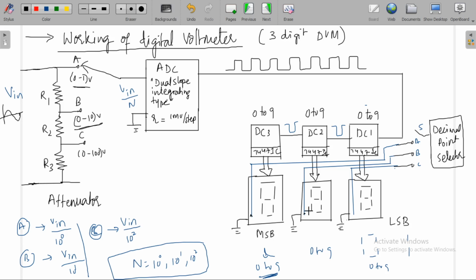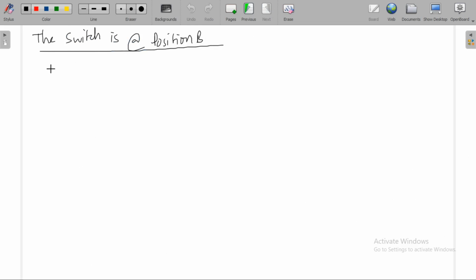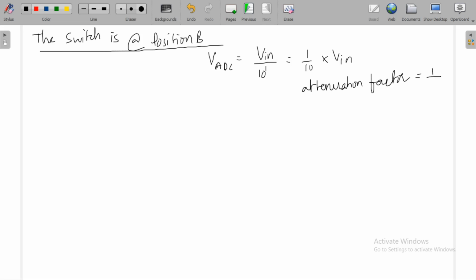Then the voltage given to the ADC, V ADC, is V in by 10 to the power of 1, that is 1 by 10 into V in, where the attenuation factor is 1 by 10.